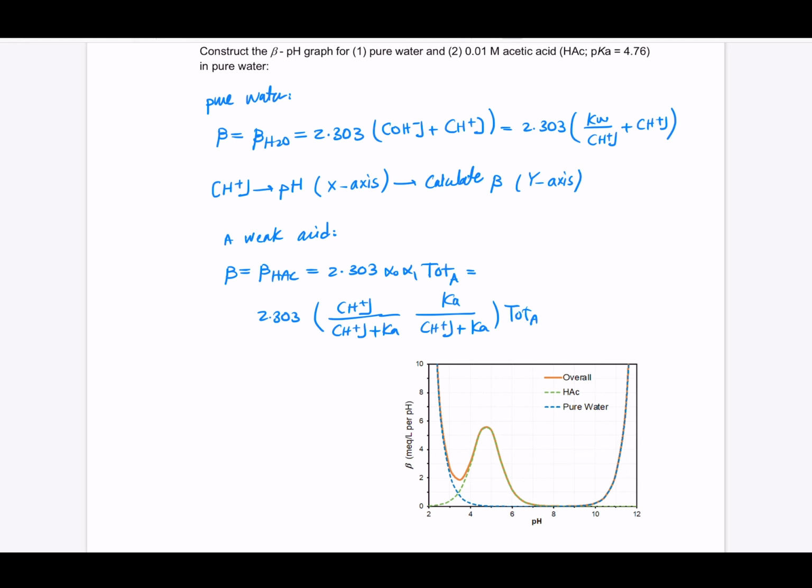So similarly, you have H plus, then pH as the x-axis. Then using this expression only, you basically calculate beta as your y-axis.